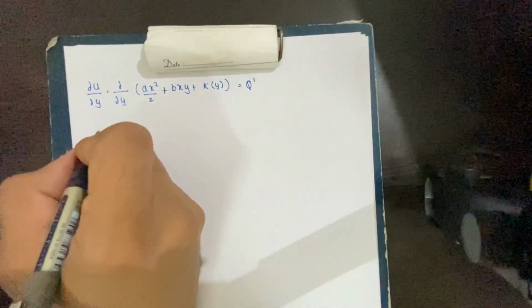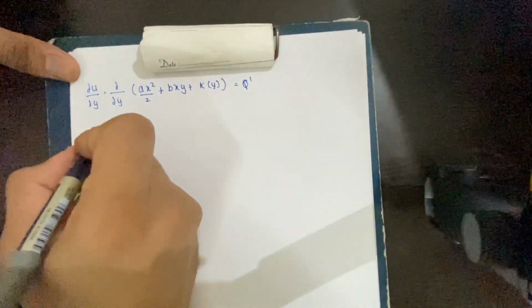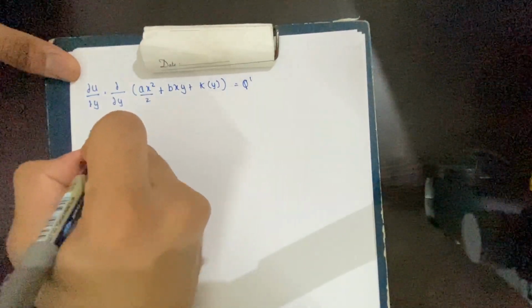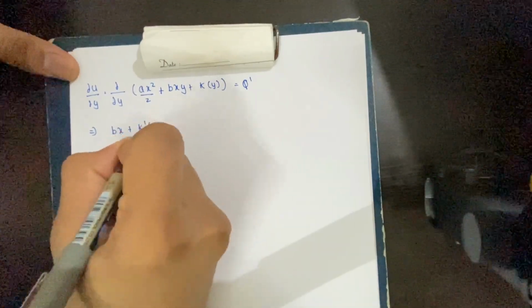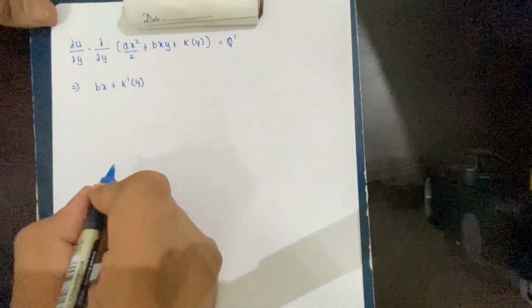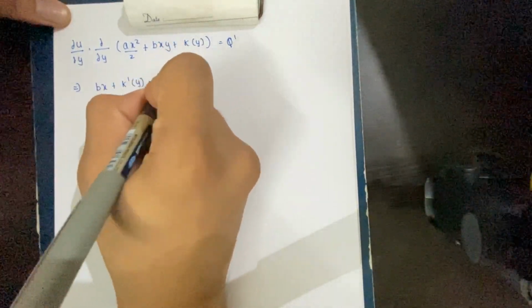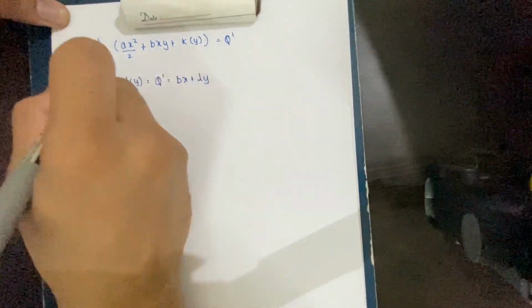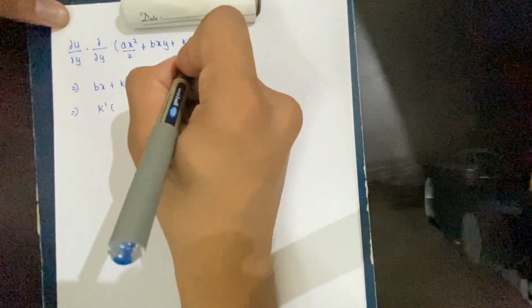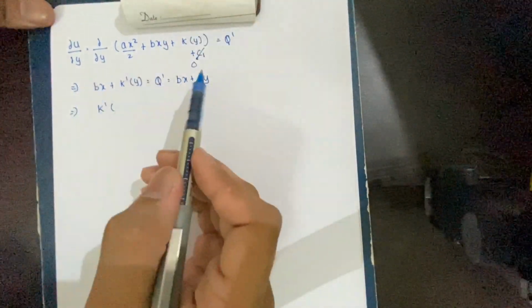So we get: this becomes 0 and this becomes bx plus k dash of y equals q dash, that is bx plus ly. So bx and bx get cancelled and we get k dash of y equals ly. We had a plus c1, but that obviously turns out to be 0 when we are differentiating.